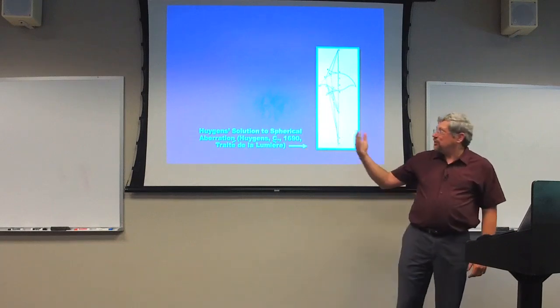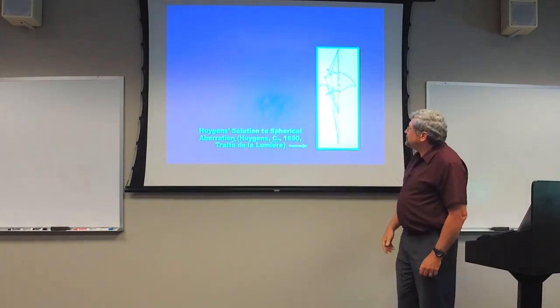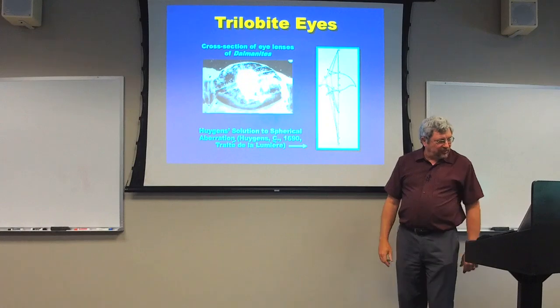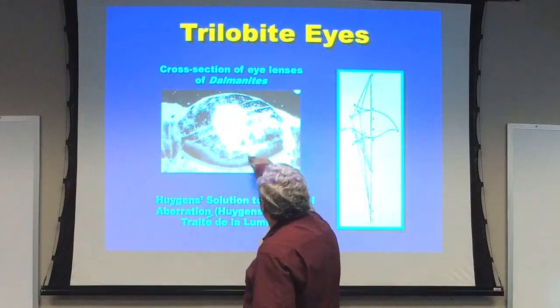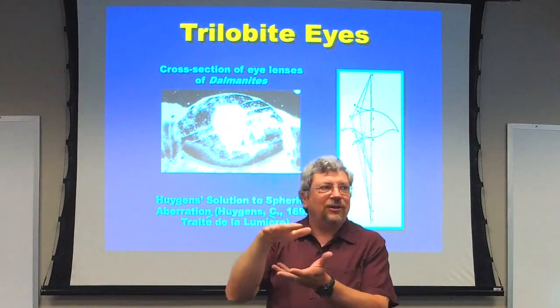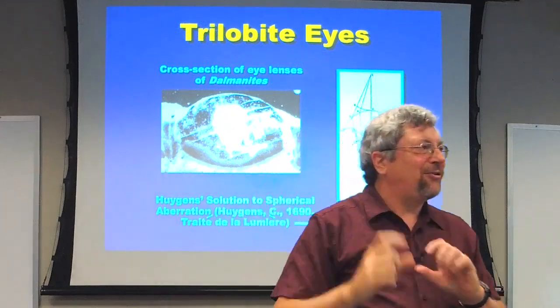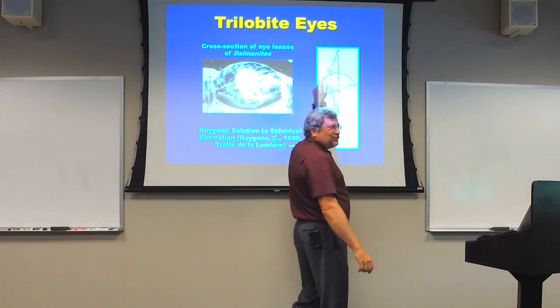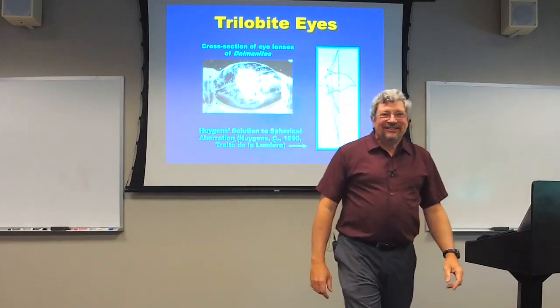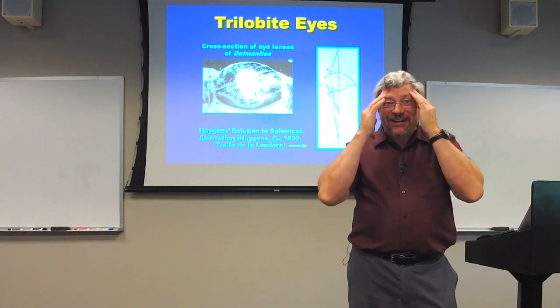And so here's one example of Huygens' solution. And in trilobites that use hard lenses, there are two hard lenses put together with slightly different indices of refraction. They're using Huygens' solution to the spherical aberration.